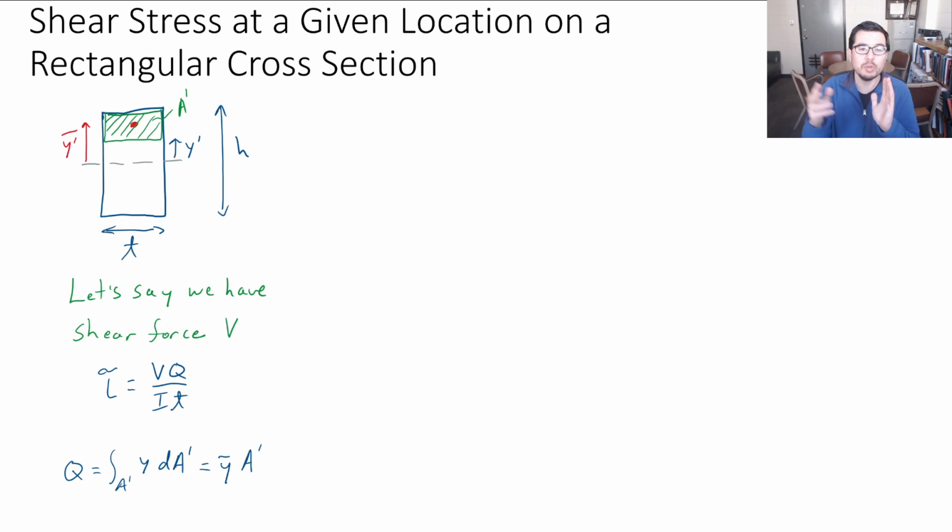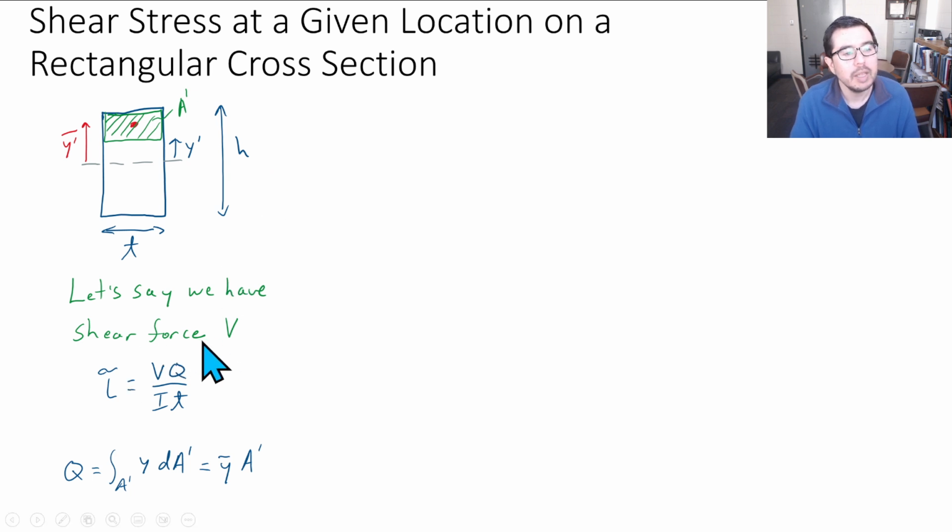If you want to spend some time getting a different person's perspective on this y prime, y bar prime, and A prime, check out Jeff Hanson's YouTube video on what the heck is Q. He goes through it nicely.